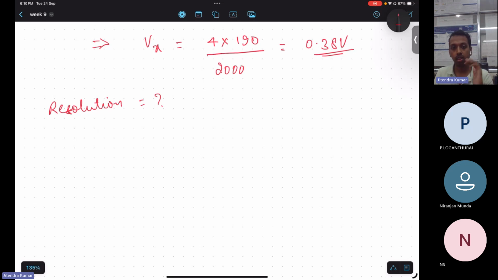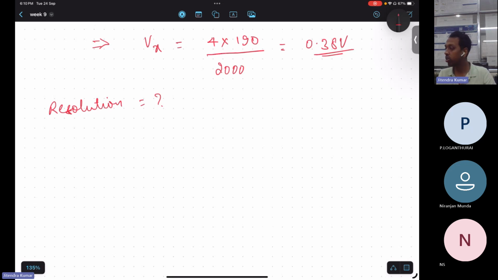So that is what we optimize by studying various types of ADC like dual slope, successive approximation, ramp type, flash type. We have to choose among them depending on the requirement. As was mentioned, the lowest possible value that can be measured.